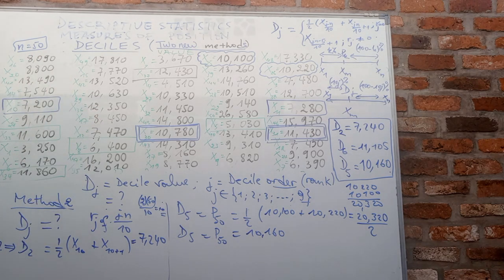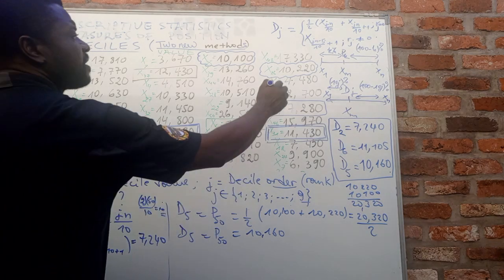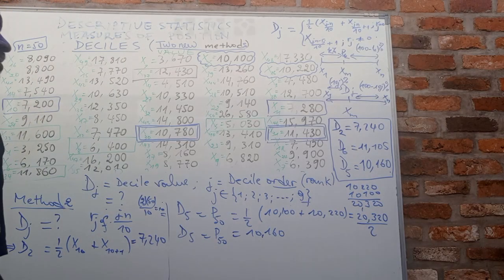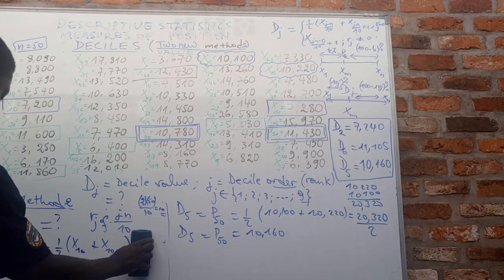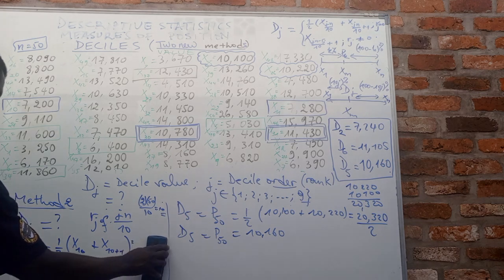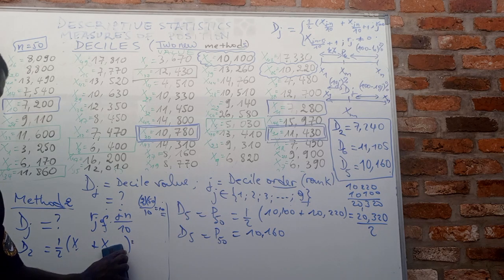Okay, in a similar manner, we can apply the same formula, and in case j equal to 6, let us calculate. In case j equal to 6, what sub will we have?